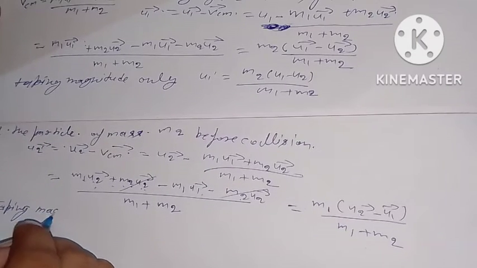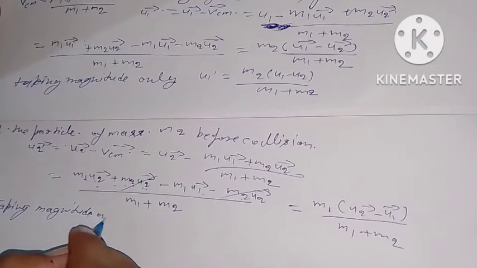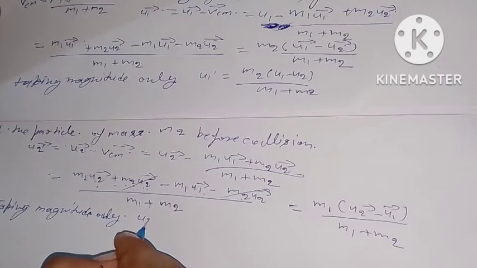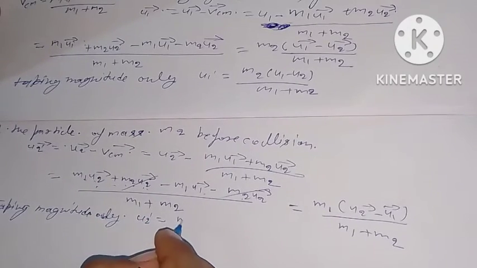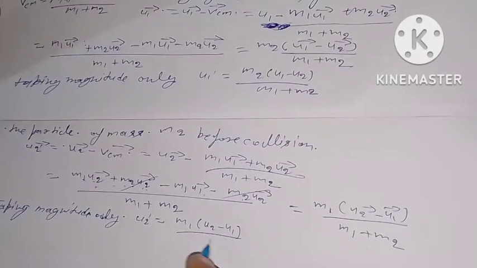Taking magnitude only, u2 dash equals m1 u2 minus u1 upon m1 plus m2.